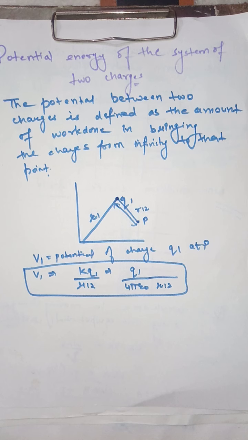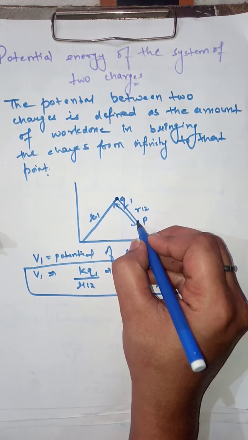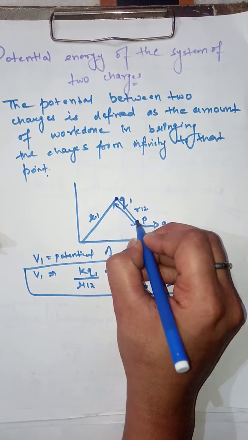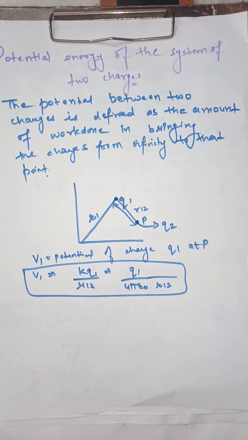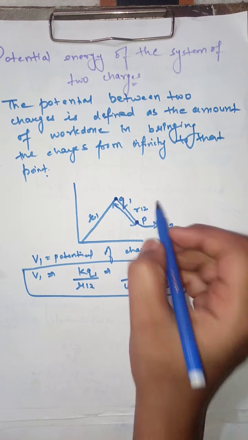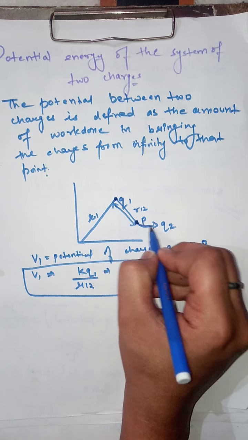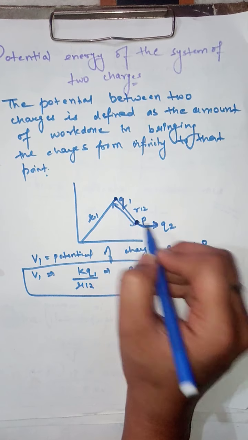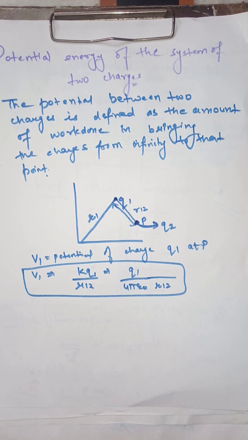Now, what is the work done in bringing a charge q2 to this point? I have placed the charge q2 at point P and shown it by an arrow. यहाँ पर मैंने अपने चार्ज q2 को प्लेस किया है. So what is the work done in bringing the charge q2 in the potential of charge q1? एक सिस्टम में पहले से चार्ज q1 प्रेजेंट था, अब वहां पर अपने एक और चार्ज को लेकर के आए.